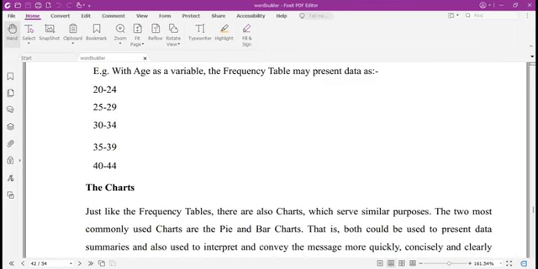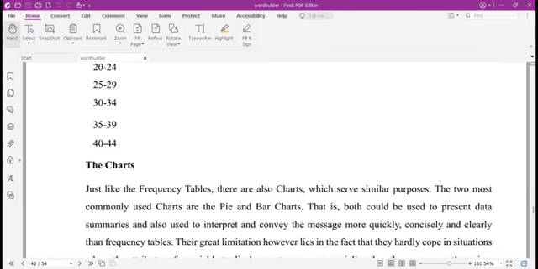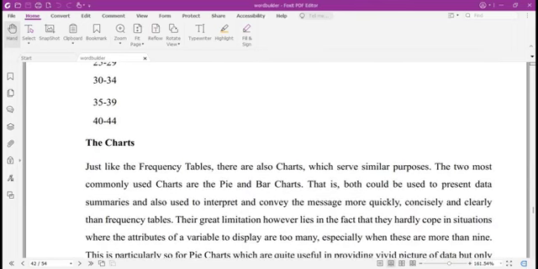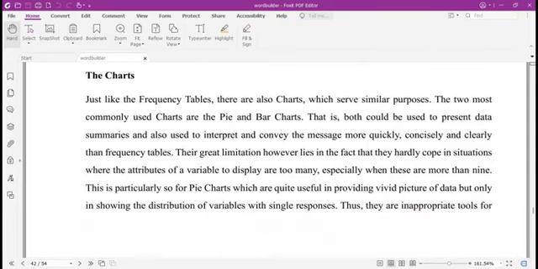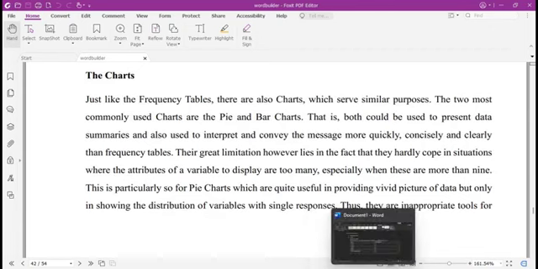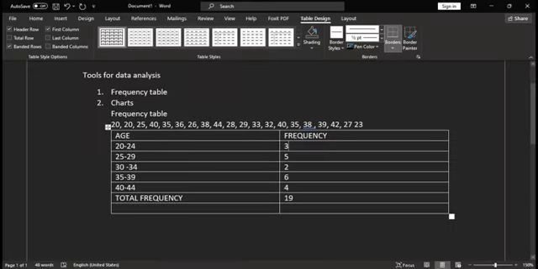All right, we move over to the charts. The charts, just like the frequency tables, there are also charts which serve similar purposes. The 2 most commonly used charts are the pie and bar charts. Pie and bar charts. Let's look at it.